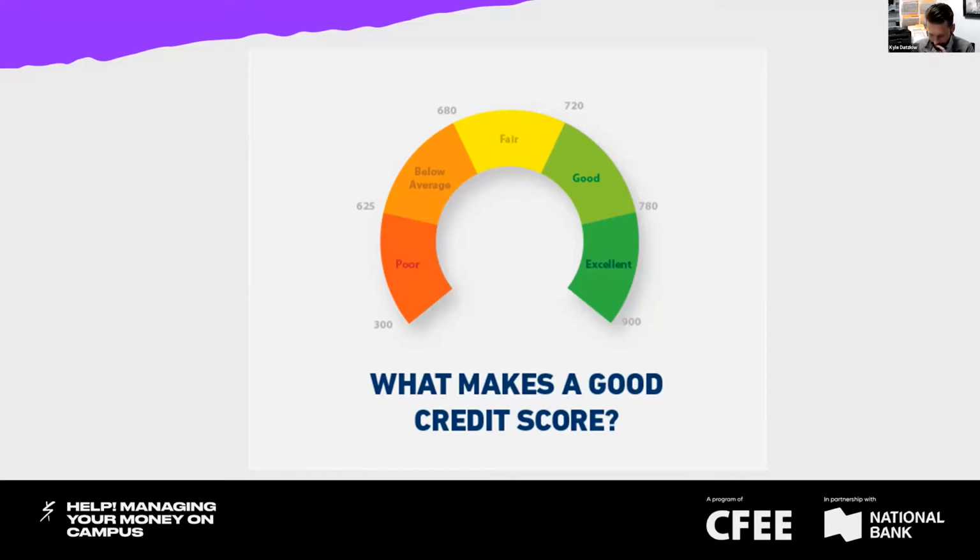One tool to build a good credit score is to get a credit card and then use that credit card to pay for one or two things a month that you always pay in full each month. An example of that would be your Netflix or your cell phone bill. After having paid off the credit card in full for 12 to 18 months, you will see a meaningful improvement in your credit score.